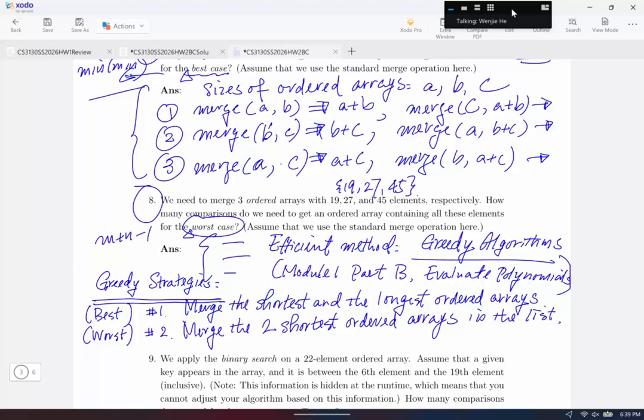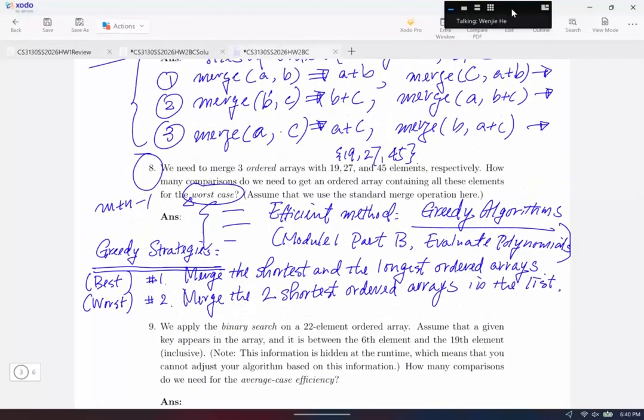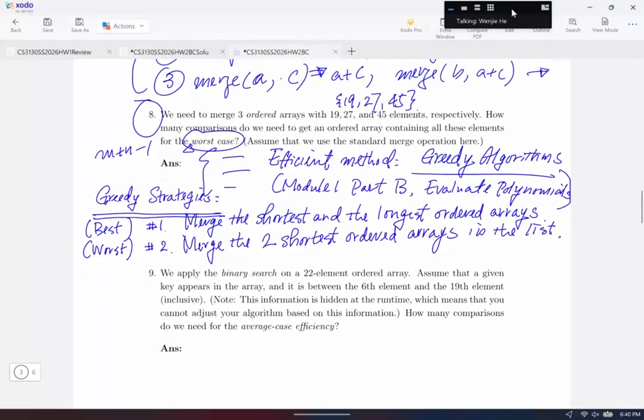You do not need to run many different cases. So you apply these 2 greedy strategies, and you only need to work one round. You can get a correct answer.